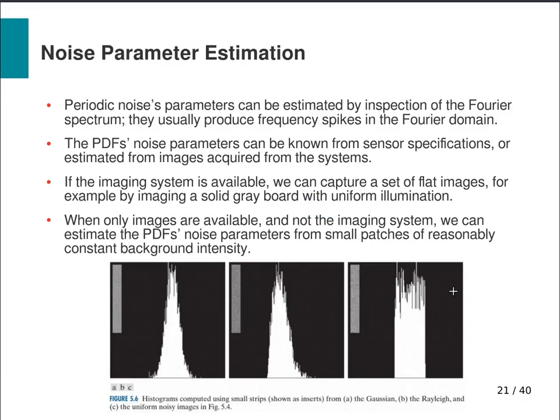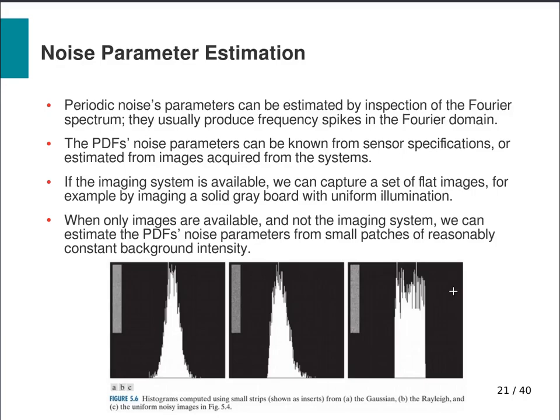So now the question becomes, okay, we have an image that is noisy. How can we estimate the parameters of the noise? For the periodic noise, parameters can be estimated by inspection of the Fourier spectrum, because they usually produce frequency spikes in the Fourier domain. But for the other types of noise, the PDF noise parameters can be known from sensor specifications or estimated from the image acquired from the systems as well.